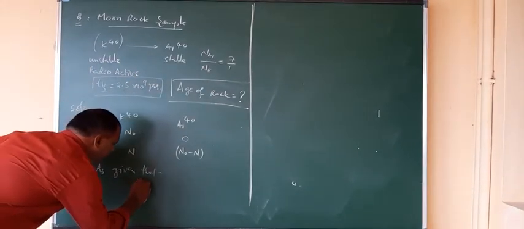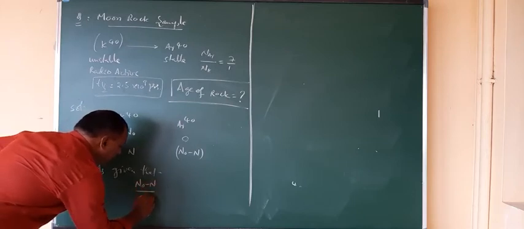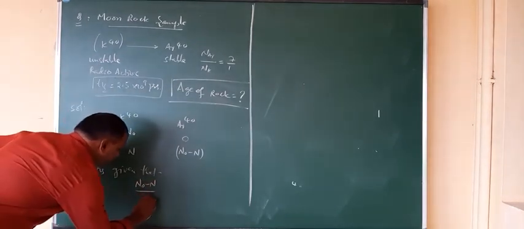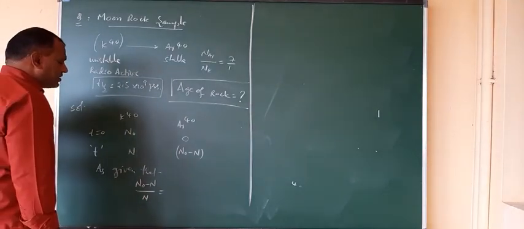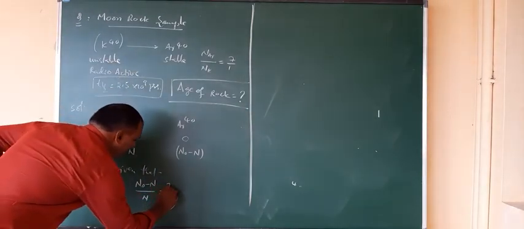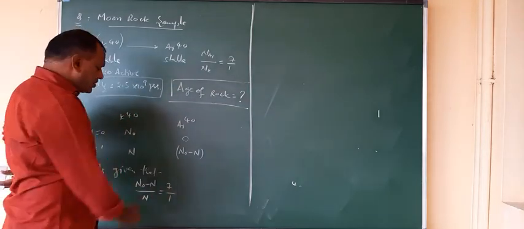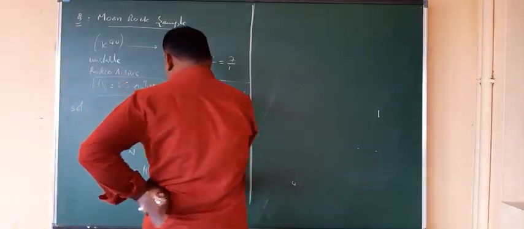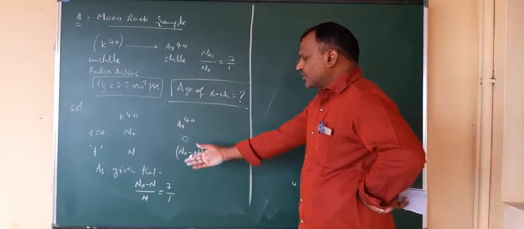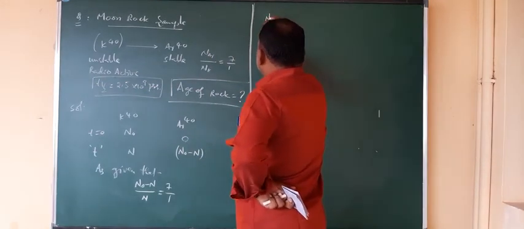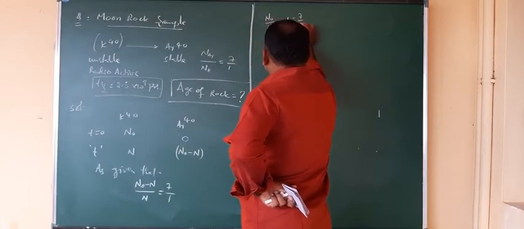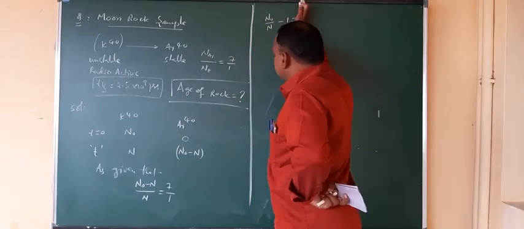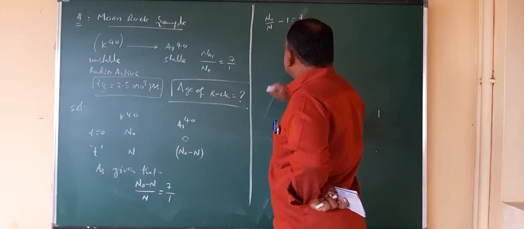That is (N0 minus N) upon N, which is equal to 7/1. Once we simplify this, we can write N0 by N minus 1 is equal to 7/1.